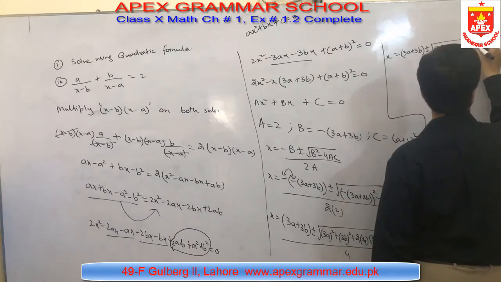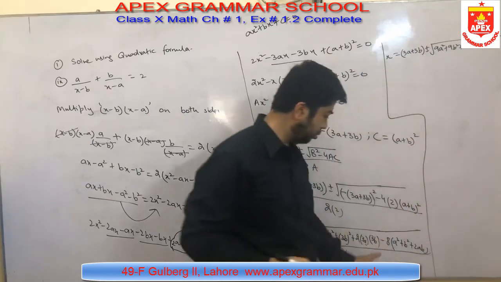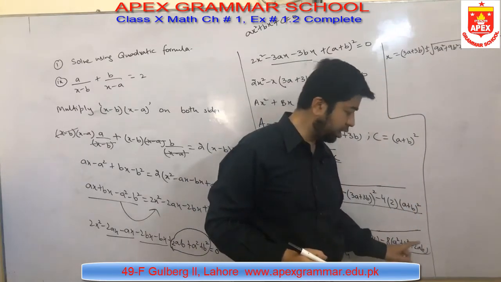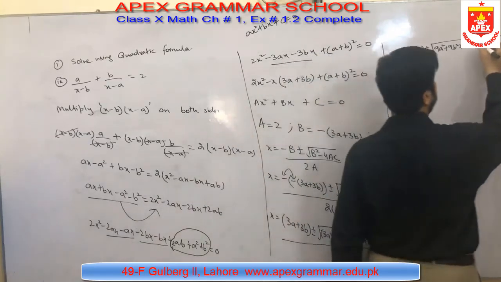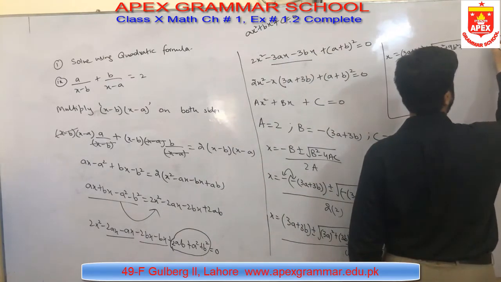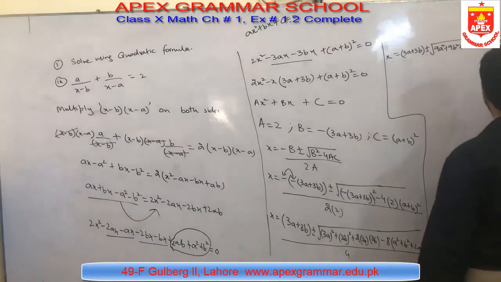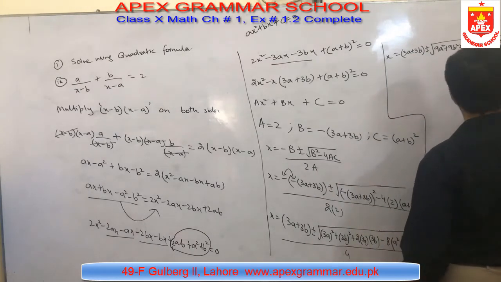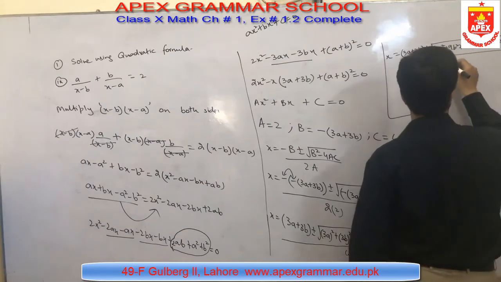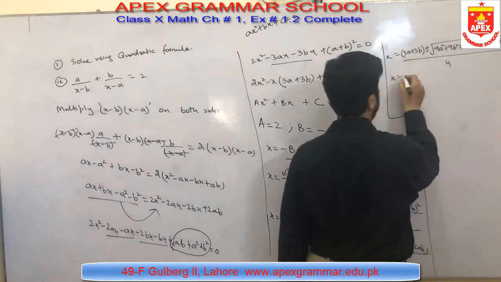Plus 18ab. And after that, minus 8a square, minus 8b square. And after that, minus 16ab. Minus 8 2s are 16ab. And in the denominator, 4. Now solve it further.